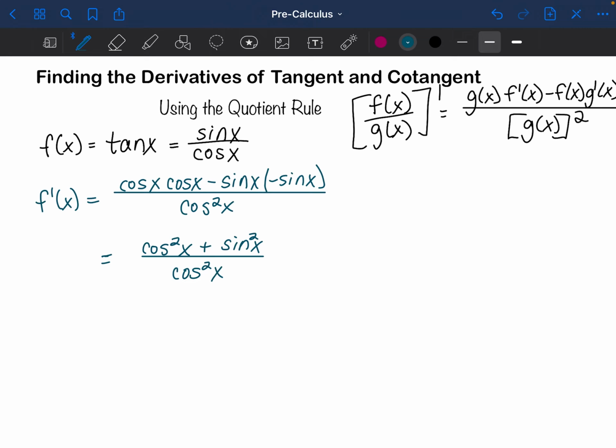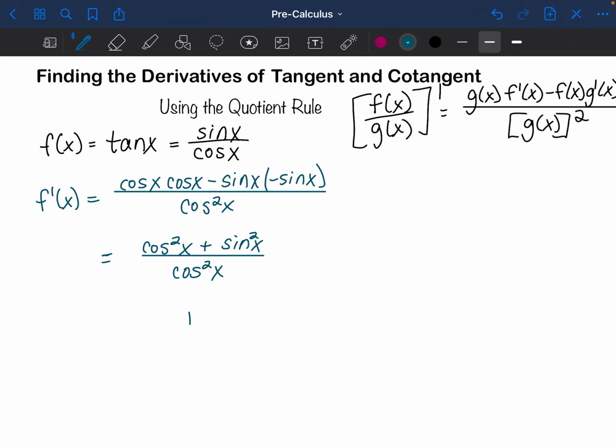We know that the mop squeezer, or Pythagorean identity, is equal to 1. So that means the derivative of tangent is 1 over cosine squared, which is equal to secant squared. That's super neat. One really important derivative that you have to know because you don't want to do this whole process every single time you want to figure out the derivative of tangent.